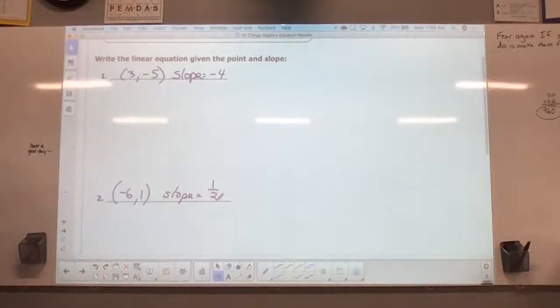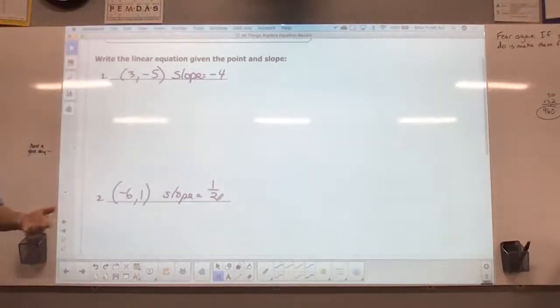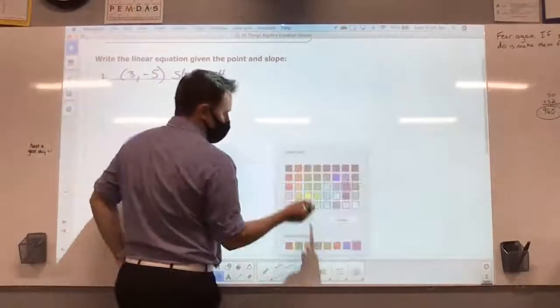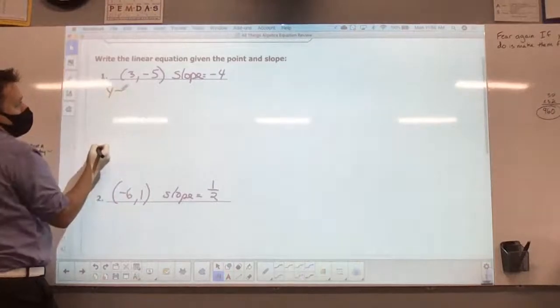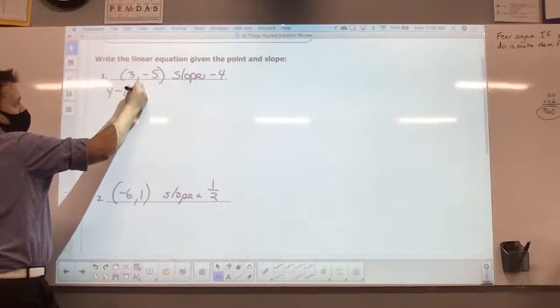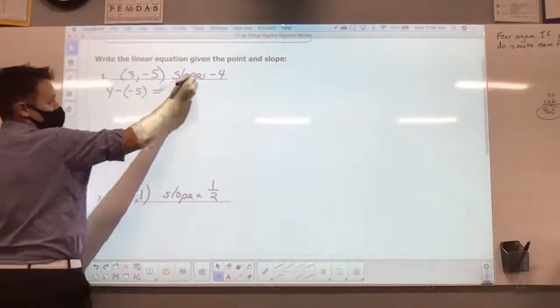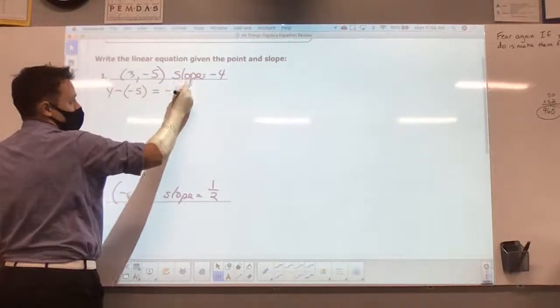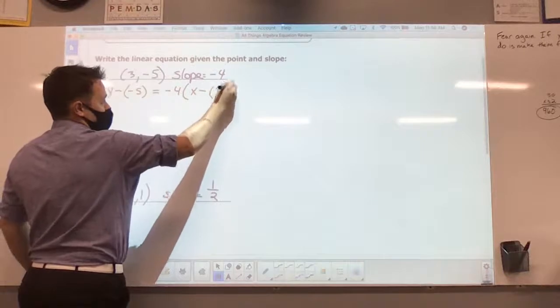This is where most of you went wrong yesterday, and you went rogue, and then you decided, I can't do this, and everything went horribly wrong. Okay, on the quiz, if you need to write it down like this, please do. It's always y minus, and then what is my y value? It's -5, equals your slope, and then it's always x minus, and I'm throwing in a number 3.